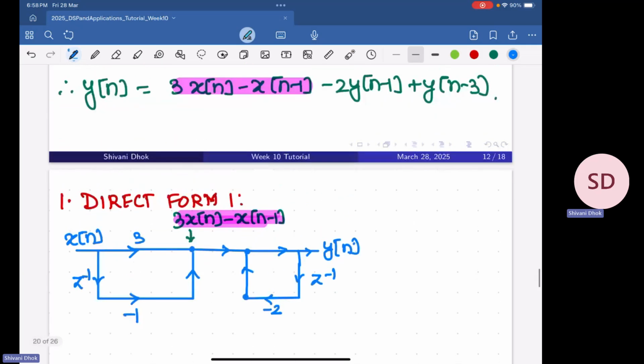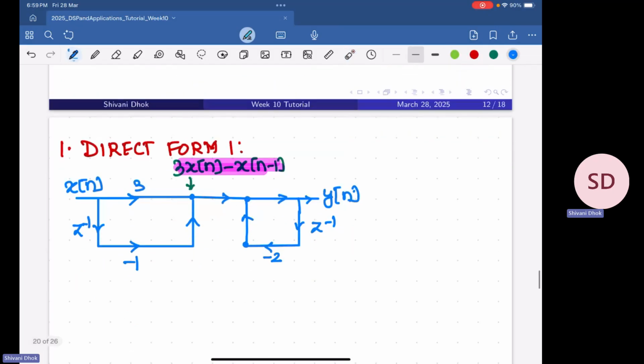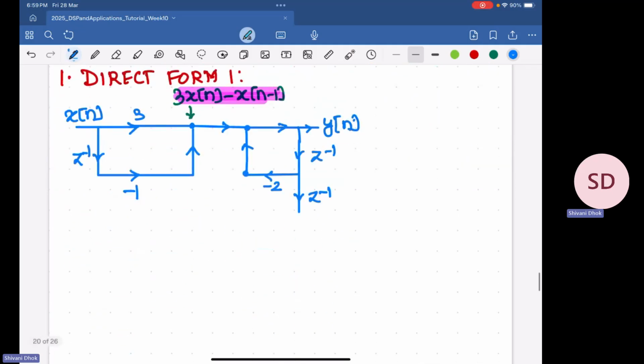Now still we need a few things. We need this y of n minus 3. So again we'll delay this y of n by 1 unit, z inverse. Now we'll get y of n minus 2, but we want y of n minus 3. So again we'll delay it by 1 unit, z inverse, and this gets added here.